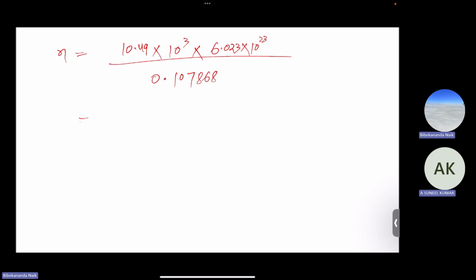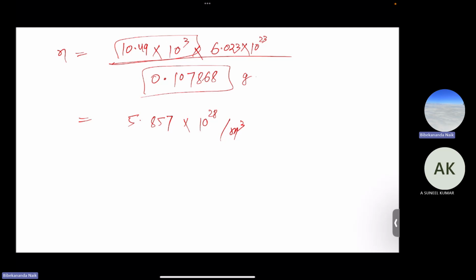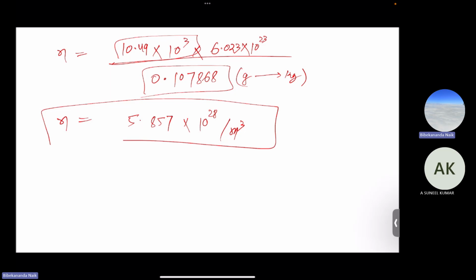If you calculate it, you will get 5.857 into 10 to the power 28 atoms per meter cube. Since this value was in kilogram, we converted from gram to kg. So the number density of silver atom is 5.857 into 10 to the power 28 atoms per meter cube.